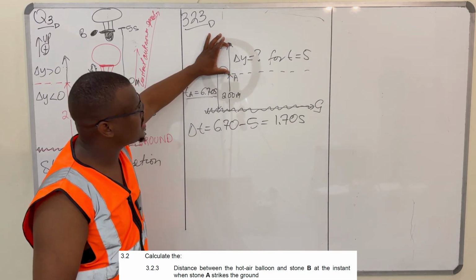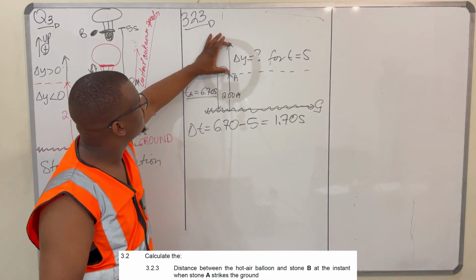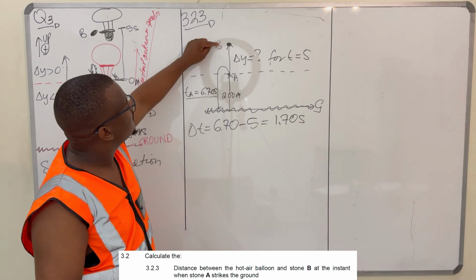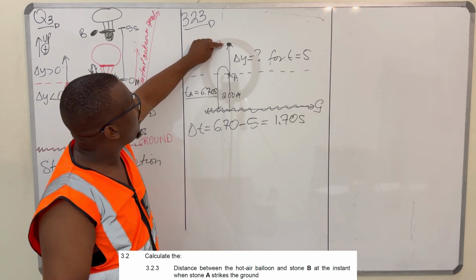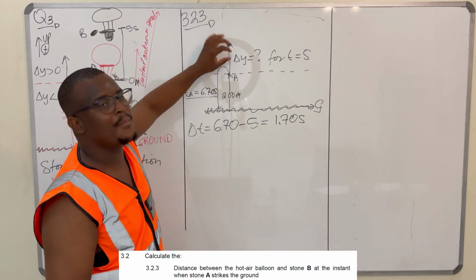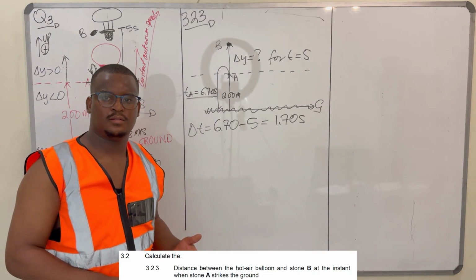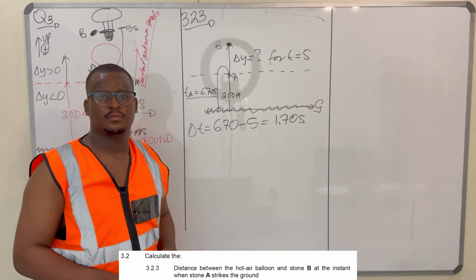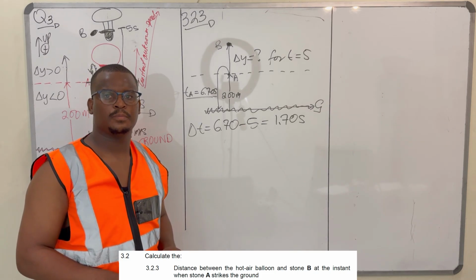Once you know that displacement, I'm not sure if you really need it, but once you know it, then we can find how far apart the hot air balloon and the stone will be after 1.57 seconds. That's what we need to know.